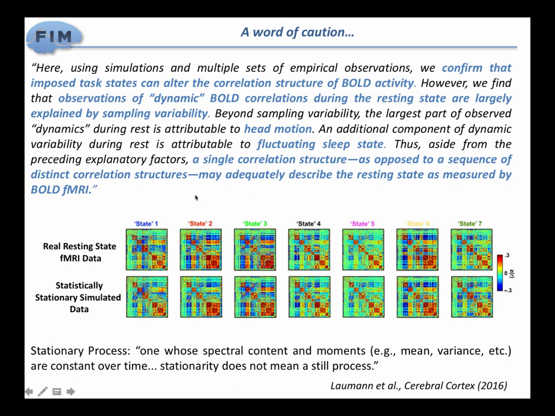One that I find interesting to look at is this one, in which they have simulated data that is supposed to be statistically equal to real data, with the exception that they know it is stationary from a statistical point of view, and real fMRI data. And when they do these sort of k-means studies, they can find very similar states. So this is something to think about: how much the methods by themselves may actually lead you to see things that you might overinterpret.